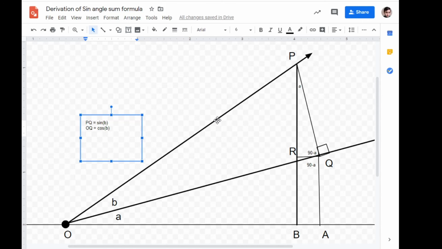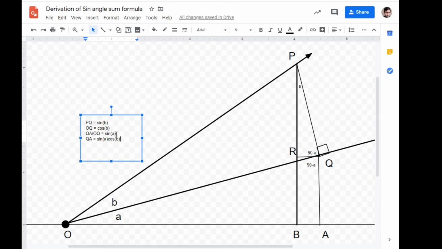Okay, we know the sine of A is going to be opposite over the hypotenuse, and that'll be the sine of A. Now, OQ was also the cosine of B. So what we really have here is QA divided by OQ, which is the cosine of B, equals sine of A. So if I multiply both sides by OQ, what we end up getting is that QA equals the sine of A times the cosine of B. Okay?